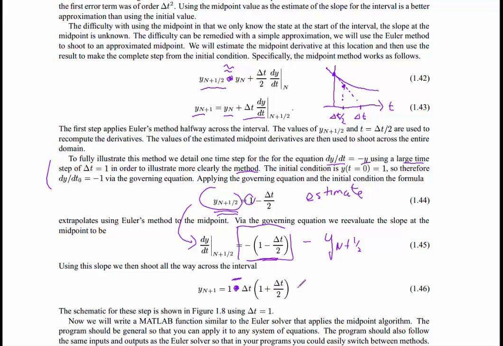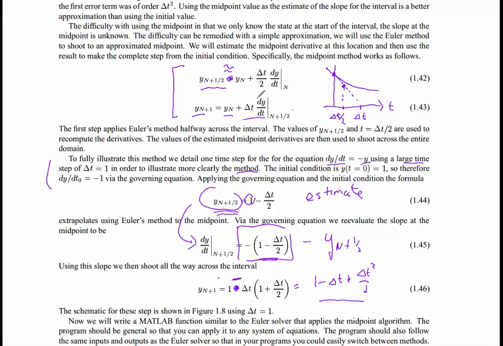Notice actually if you expand this out, this becomes 1 minus delta t plus delta t squared over 2, which is actually e to the minus delta t, accurate to second order in the Taylor series. The first three terms are correct. Okay, so again, the equations that are being implemented are right here.